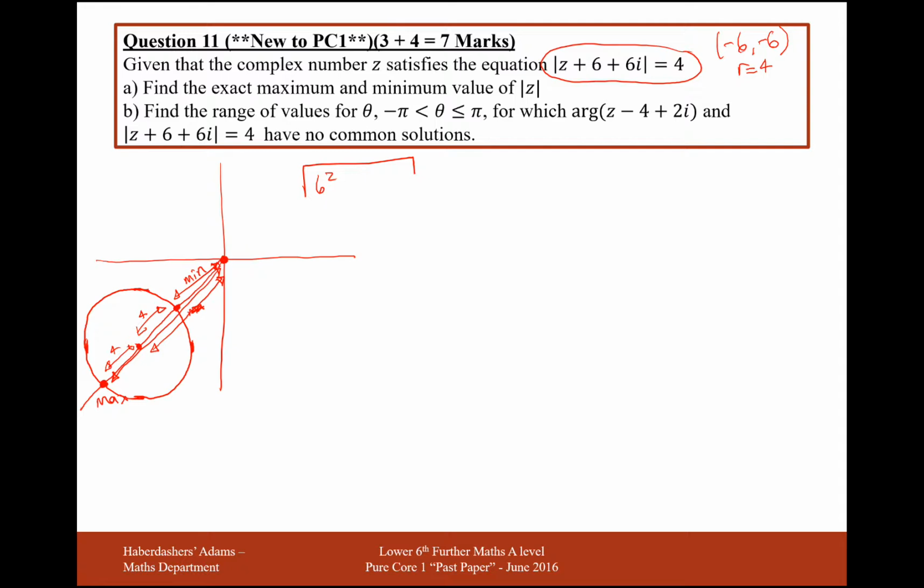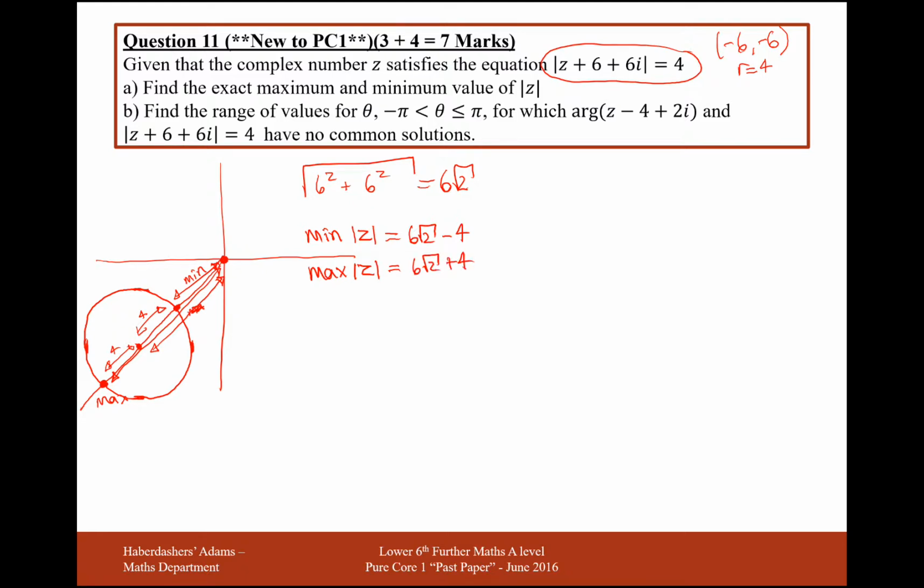So 6 squared add on 6 squared will give me 6 root 2. If I then take away 4, the minimum value of mod z is going to be 6 root 2 minus 4, and the maximum value of mod z is going to be 6 root 2 plus 4.